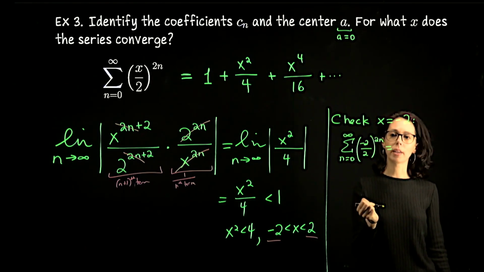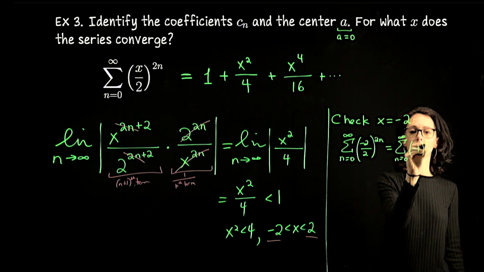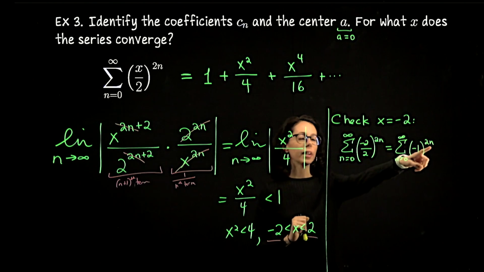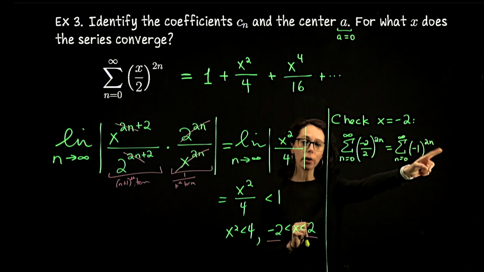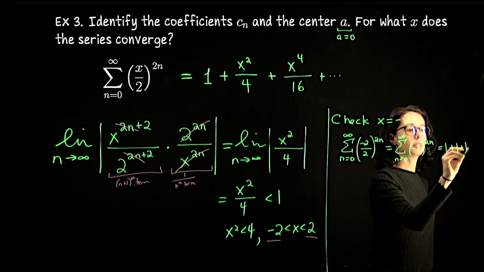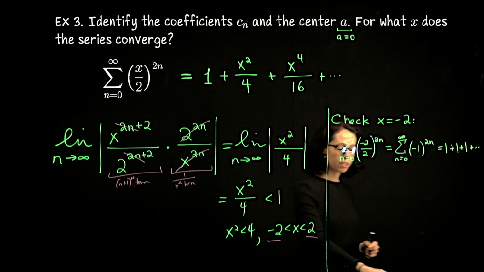Well, that's -1 raised to even powers. Every exponent here on this -1 is even. So if I actually wrote out this series, I would get 1 plus 1 plus 1 plus etc. So this diverges.